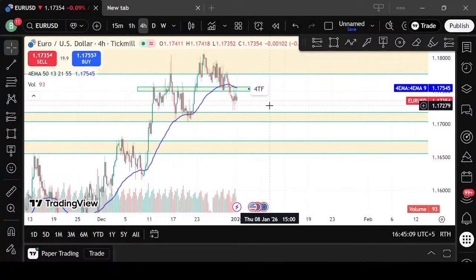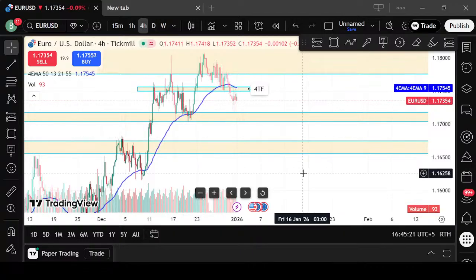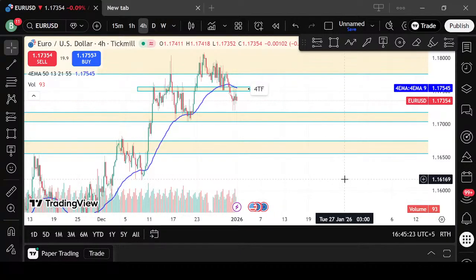Then we will get a trade, because you can see that it is also a minor support right here, but it doesn't matter. When New York and London come together, then it will manipulate and the market will be risky. So let's see.